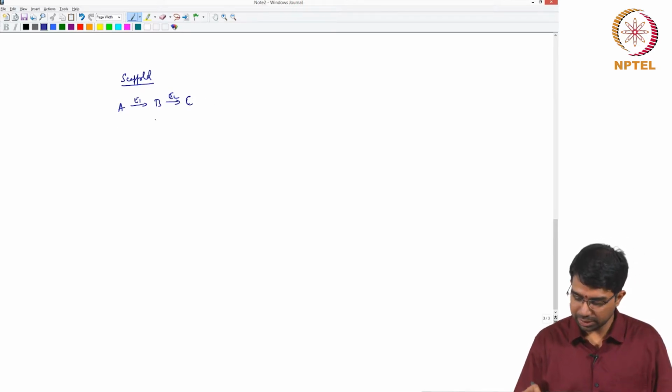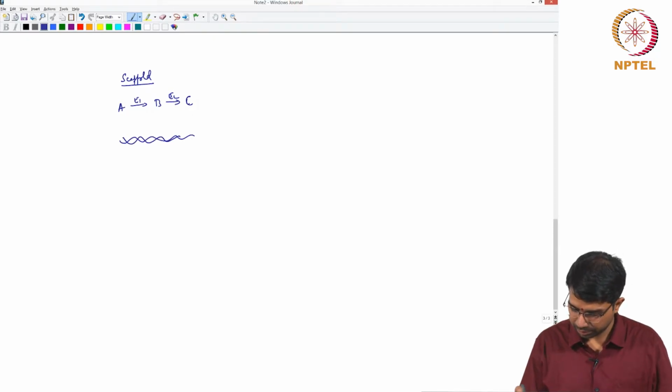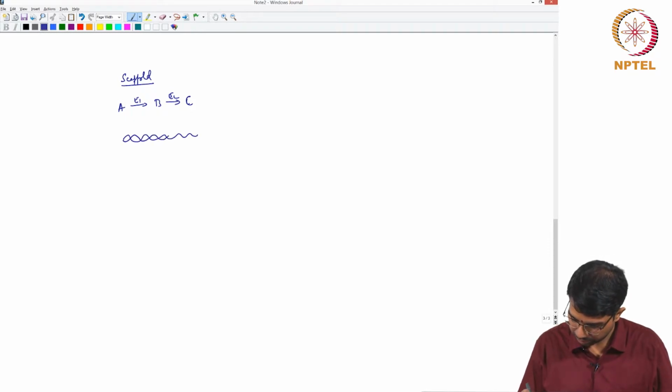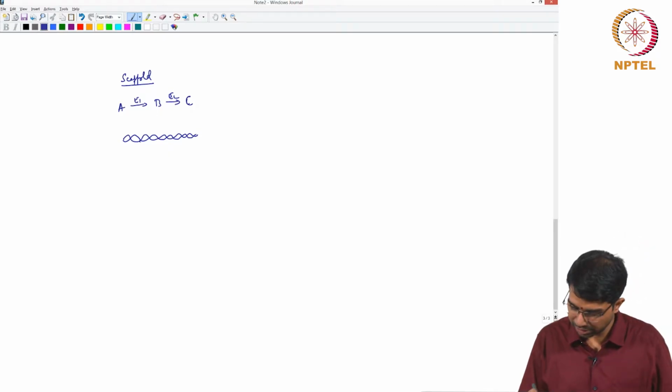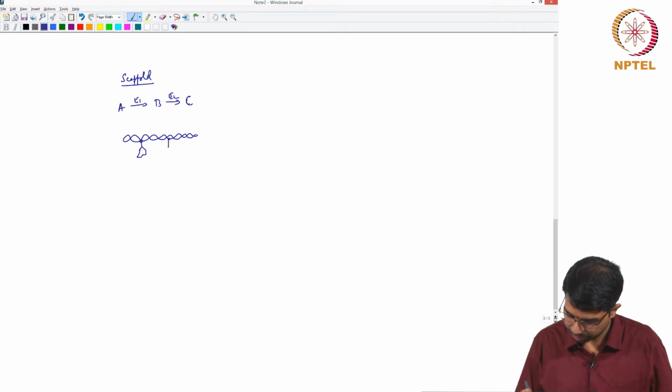So, the idea here is you take a DNA and you use it as a scaffold and you put some nice protein molecules on it.